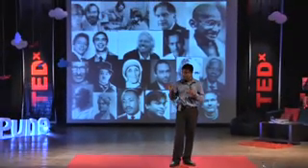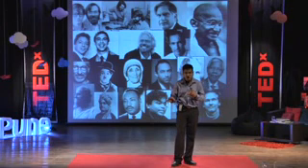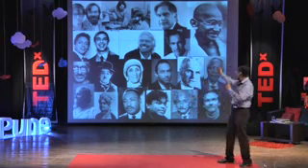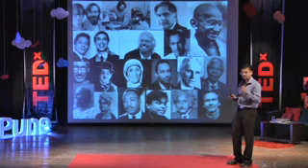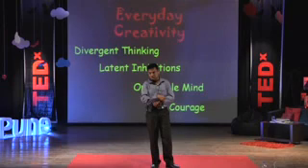Procrastination is when you know what to do, but you don't do it. In creativity, you don't decide what is to be done. That's called opposable mind, right? So these people either had a pair which they worked with, or they had this opposable mind, right? So this brings me to the last conclusion of my talk.